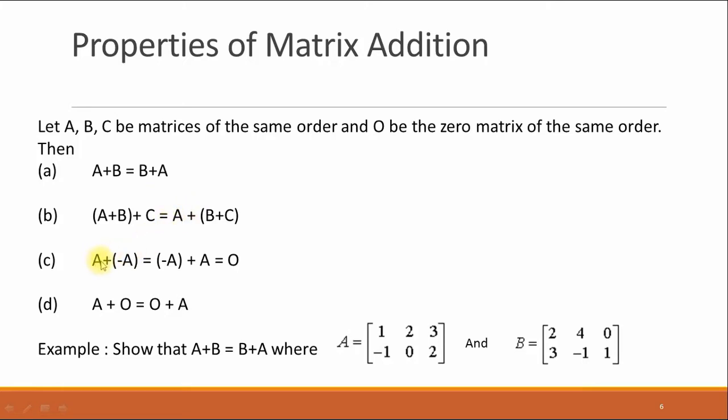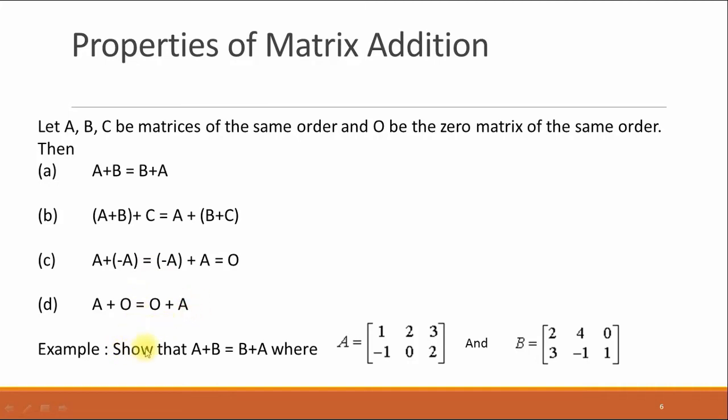So A plus minus A is equal to minus A plus A is equal to O. This property means additive inverse. Each matrix has an additive inverse. Similarly, A plus O is equal to O plus A. This property means additive identity.